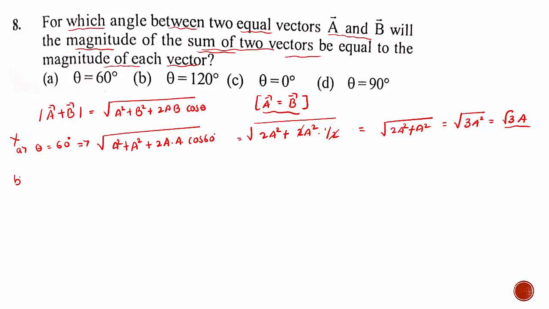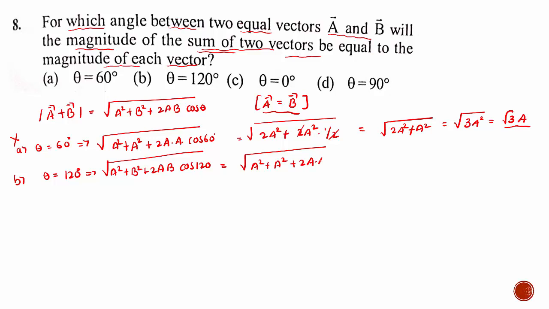Go for option B. What is given here? Theta equal to 120 degree. Again the same procedure we can follow here. A square plus B square plus 2AB cos of 120, and we can write A equal to B. So again A square plus A square plus 2 into A square cos 120, which is minus 1 by 2. So 2 and 2 will get cancelled.